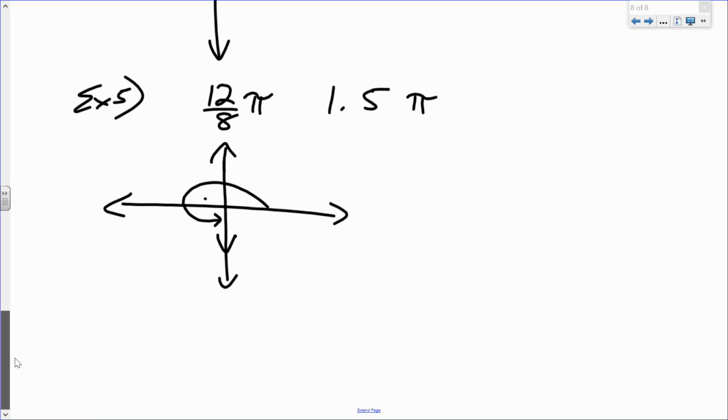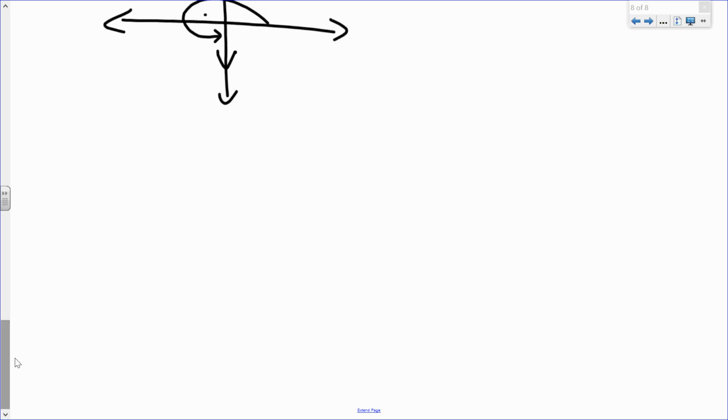Last example. Example 6. 5/3 pi. So the question you're going to ask yourself is, how many pi's am I dealing with?